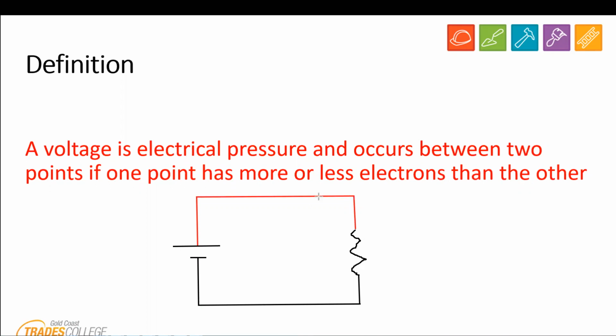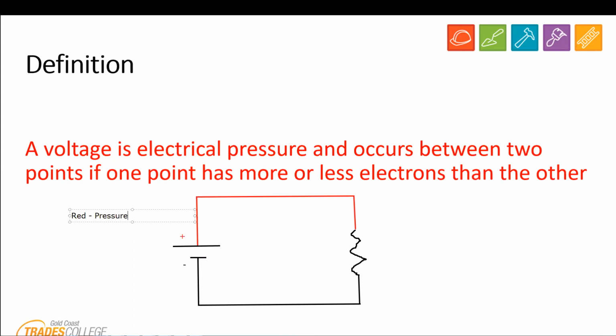All right, so linking this back to what I just talked about with the pressure in the air pipe. Remember that the big side of the battery is your plus, and the bottom side is my minus. So there's more electrons on one side to the other, so there's going to be pressure flowing. Now, the way I want you guys to try and remember it, easy to remember, is that our red is where the pressure is.